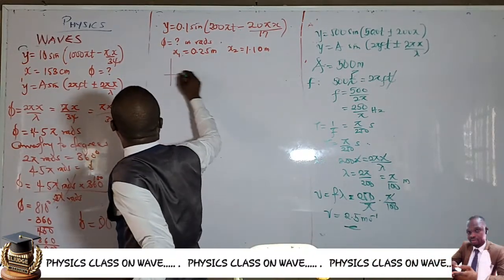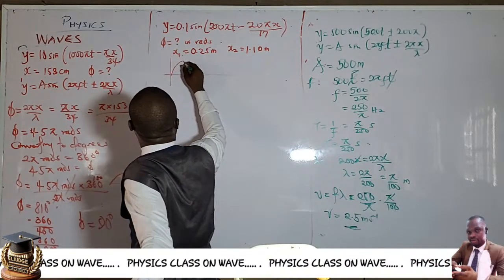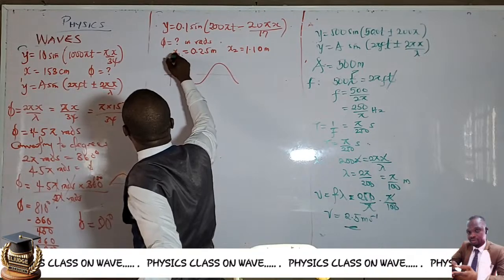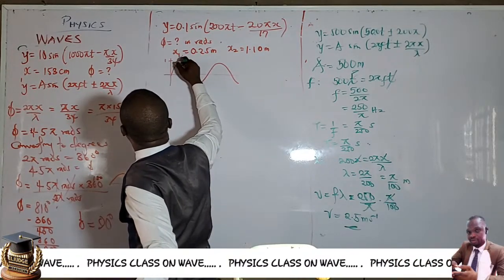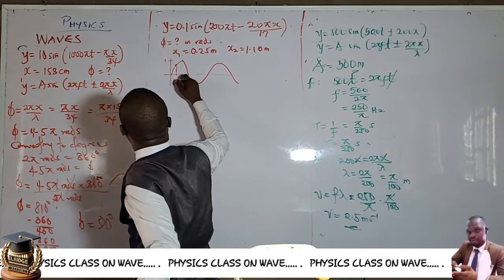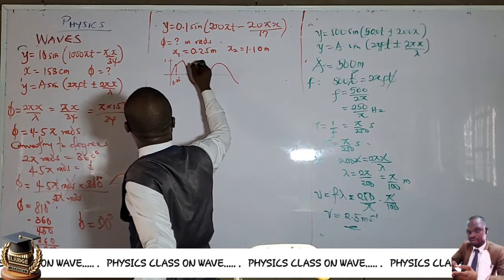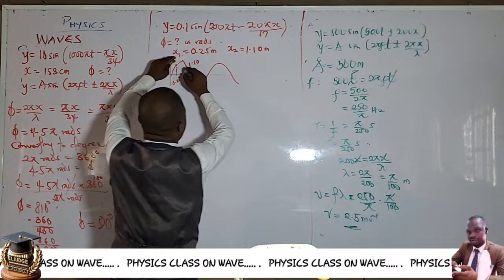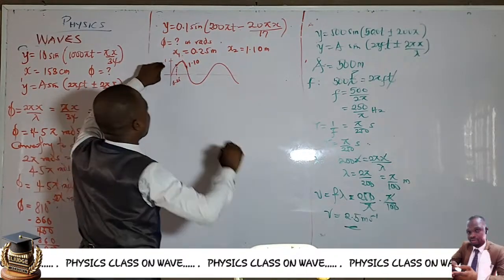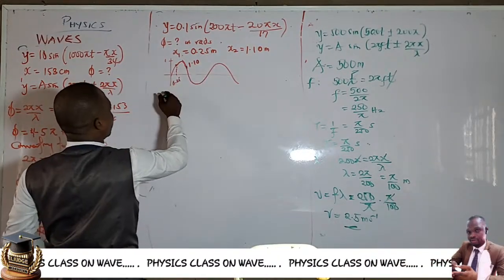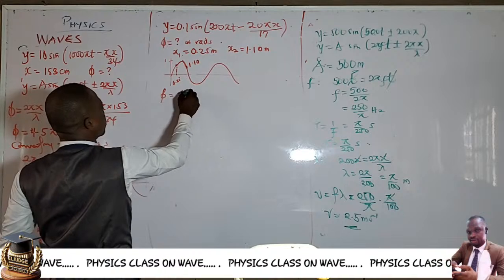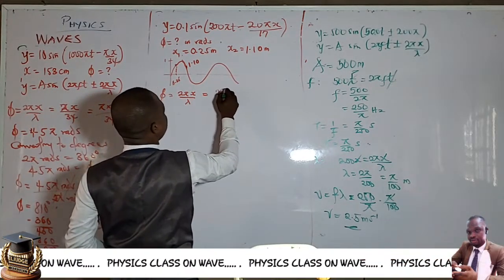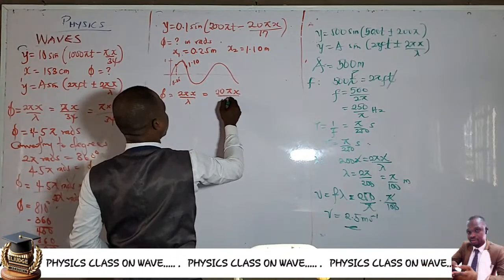So if you draw a kind of waveform like this, let's say this is 0.25, and this part is 1.10. We are looking at the phase difference between these two points, and we know that phase difference is 2 pi x over lambda, and relating it to this, we have 20 pi x over 17.